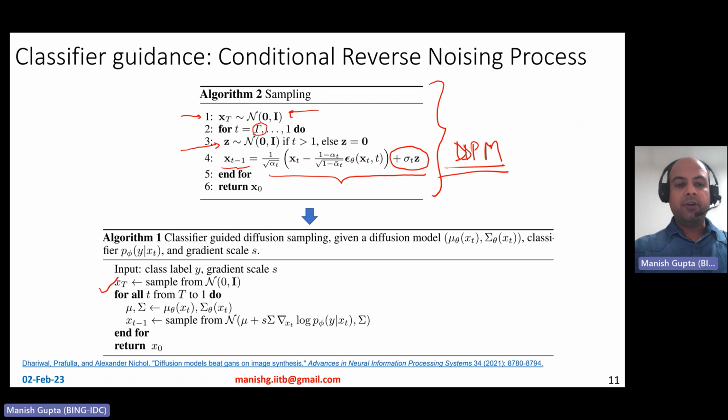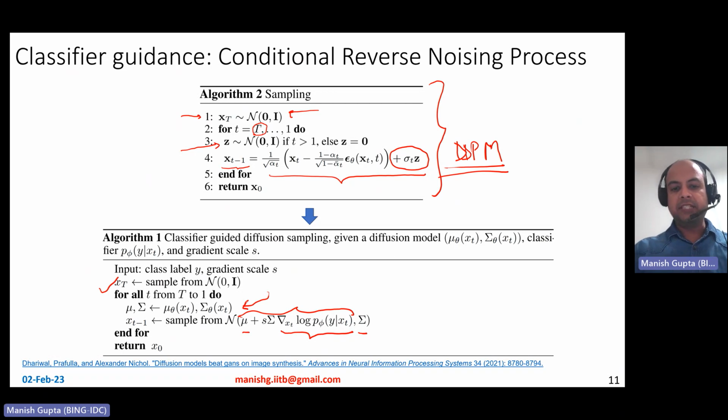However, for all of those other time points, the way you're going to do that is not to use the standard mu and sigma, but actually use mu plus s times sigma, and the variance and the gradients from the standard classifier model. So the idea is that you want to use the classifier model to guide your sampling or the generation process for images.